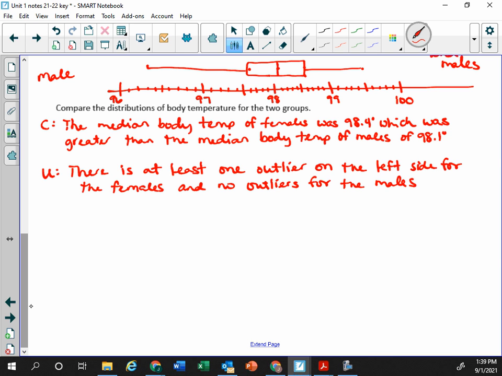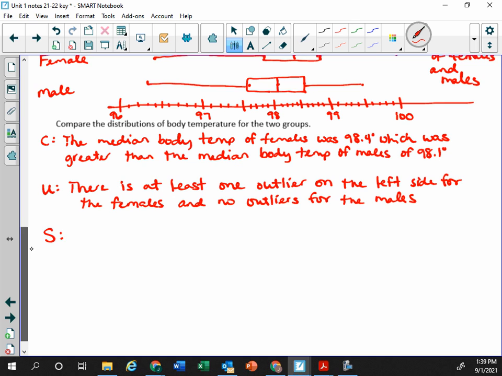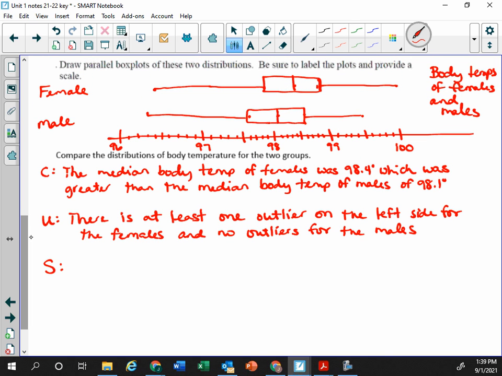All right, let's do shape next. Okay, shape is easier from a histogram than it is from a box and whisker plot. Visually, you can see it right away. You have to think about it a little bit with a box and whisker plot.